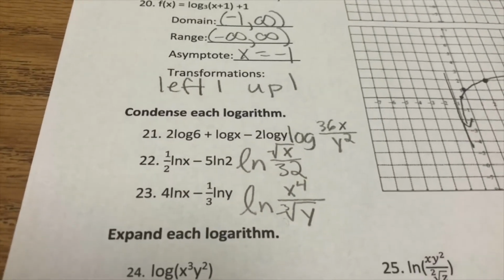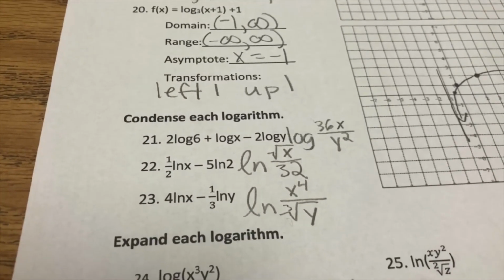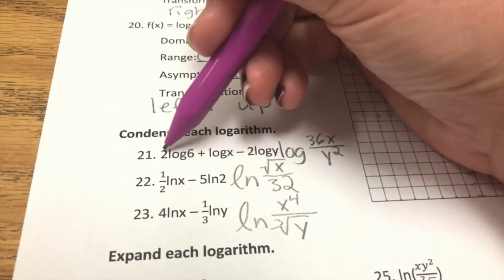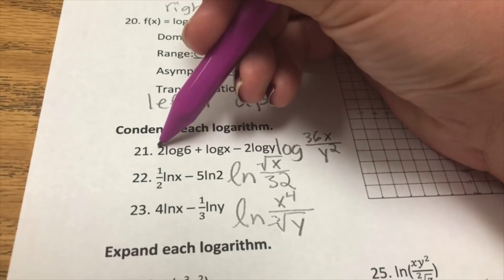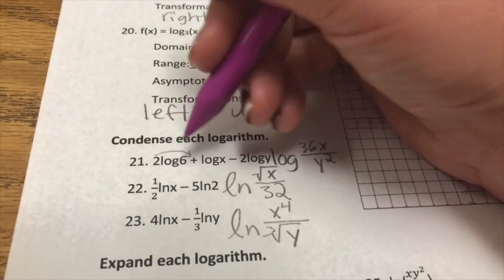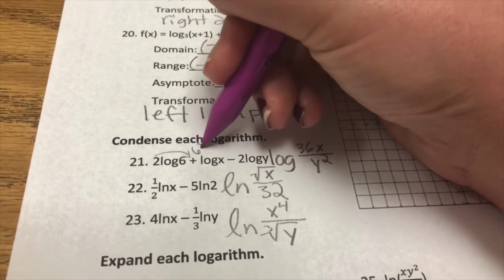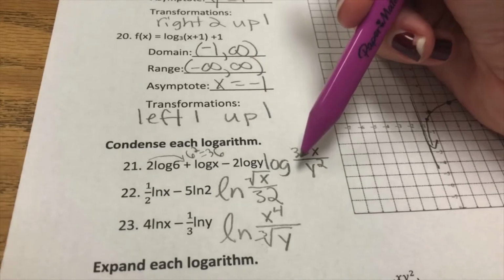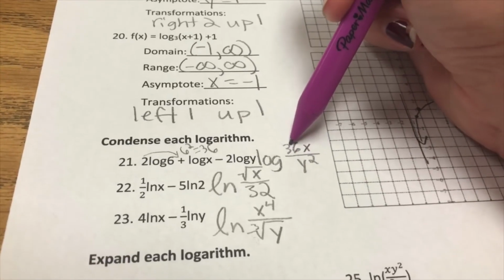So for 21, 22, and 23, you needed to condense it. So we have our 2 as a coefficient, so our 2 goes back into the exponent. So we would have 6 raised to the 2, and this gives us 36. That is where the 36 is coming from in the answer.